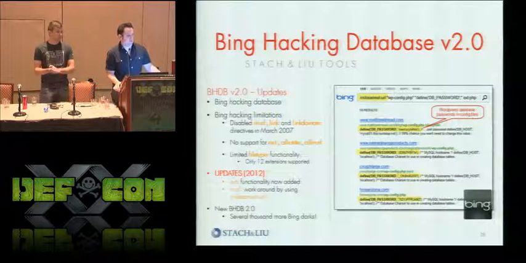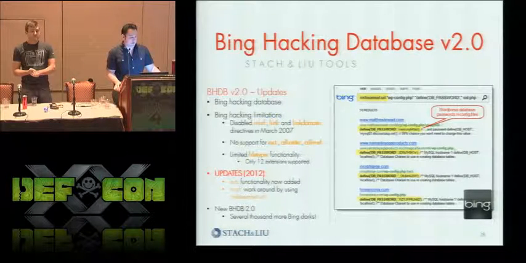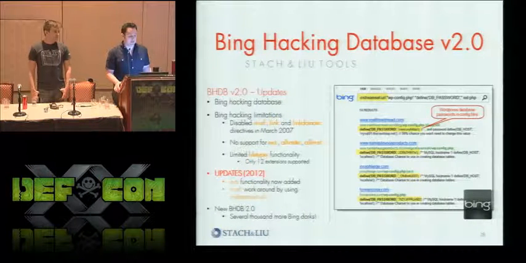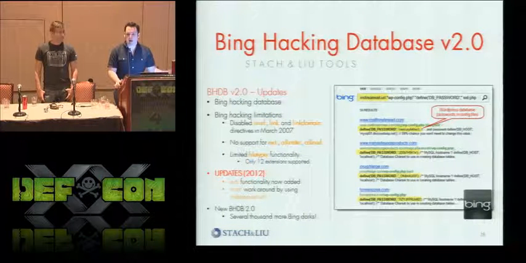Before we released our first Bing hacking database, Bing, or MSN before that, was primarily used for footprinting, finding host names, finding applications, or URLs and things like that. And it was primarily for footprinting purposes, and that was because Bing had specifically disabled a handful of features, most notably inurl, which broke like 95% of the Google hacking database. And they specifically did it to try to prevent Bing hacking, in the sense of Google hacking. And they did that back in 2007.